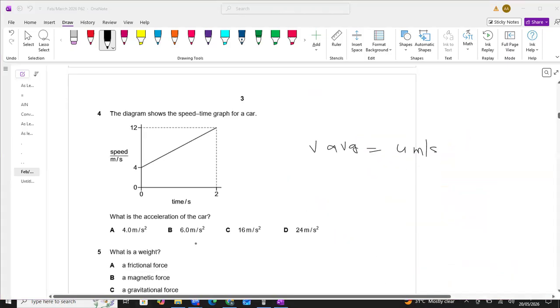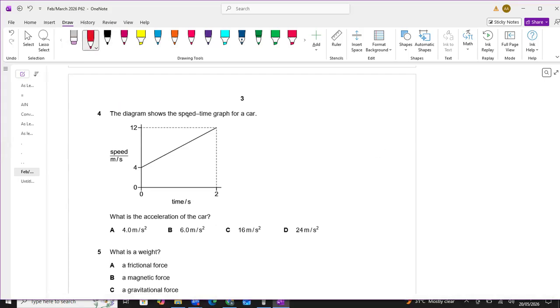Question number 4. In question number 4, they are saying the diagram shows the speed time graph of a car. All right, students, so you can see this is the speed time graph of a car. What is the acceleration of the car? So basically, students, acceleration we can determine by the gradient of the speed time graph.